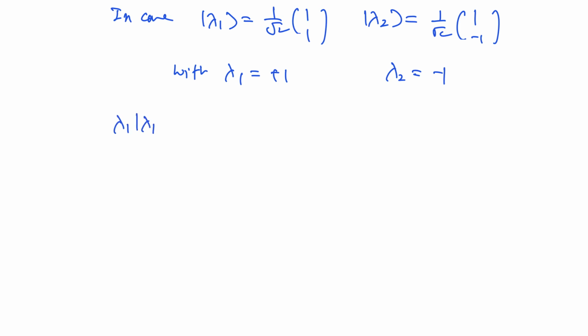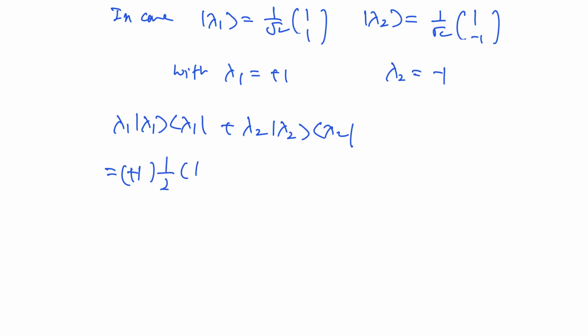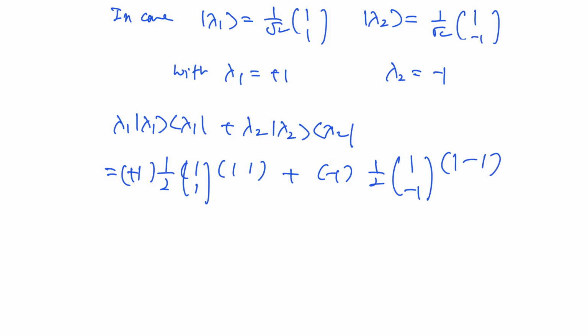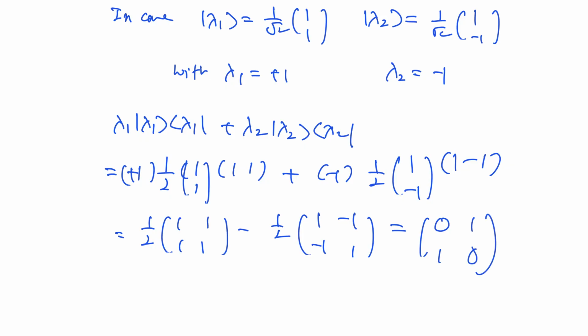Then lambda 1, lambda 1, lambda 1 plus lambda 2, lambda 2, lambda 2 is 1 half, 1, 1, 1, 1, minus 1 half, 1 minus 1, minus 1, 1, which is 0, 1, 1, 0. It has another name called sigma x.